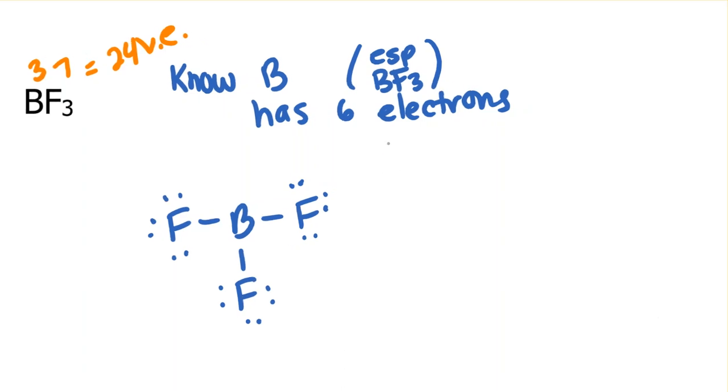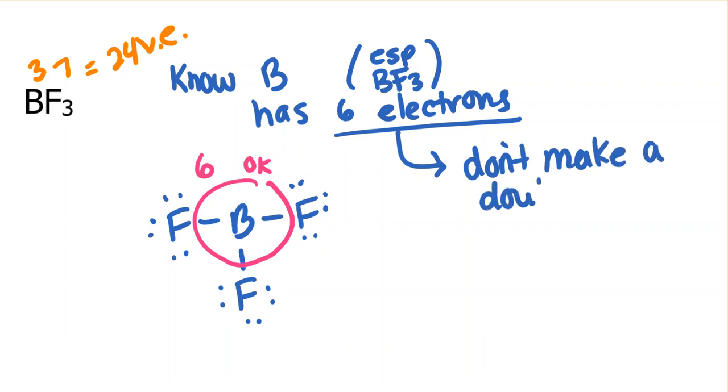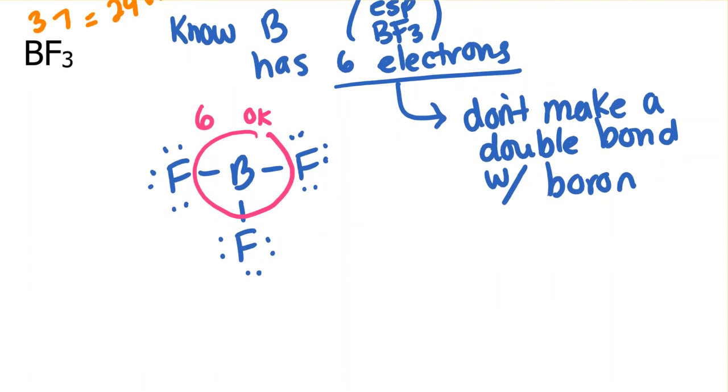So I've already put them all on. I might check boron and I see that it only has 6. But I need to know that that's okay. We're not going to make a double bond. Okay, so that is complete.